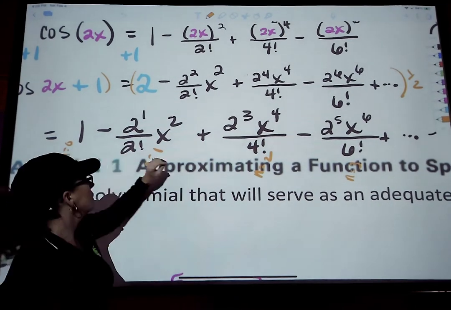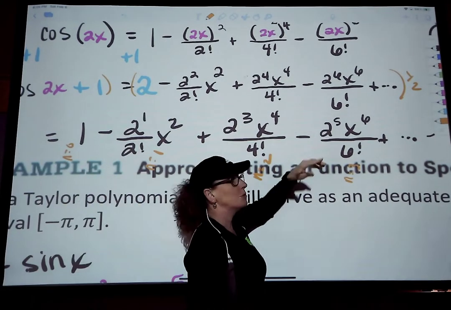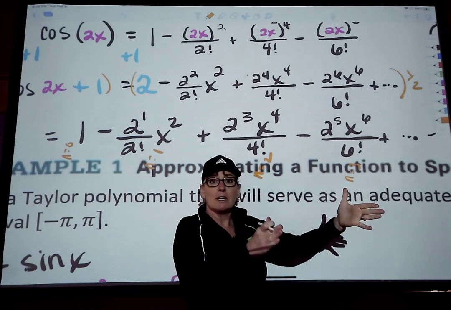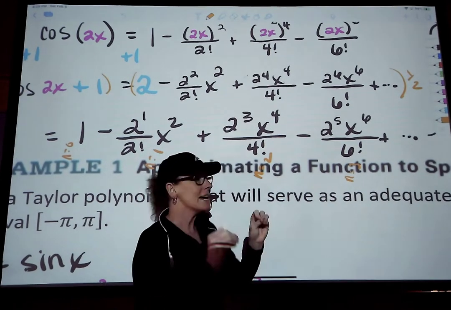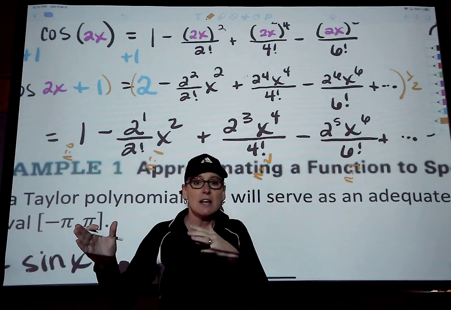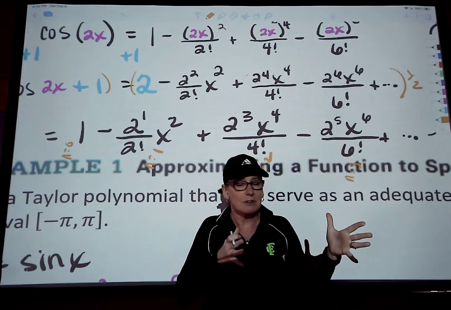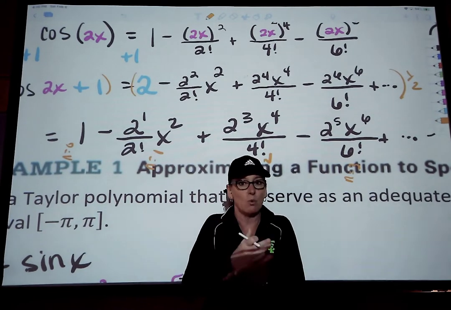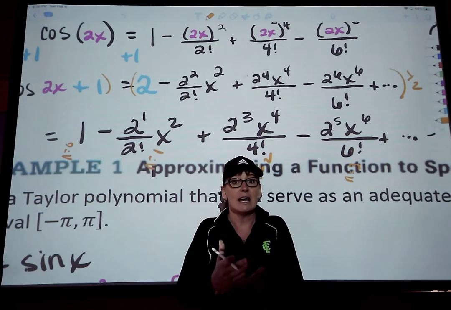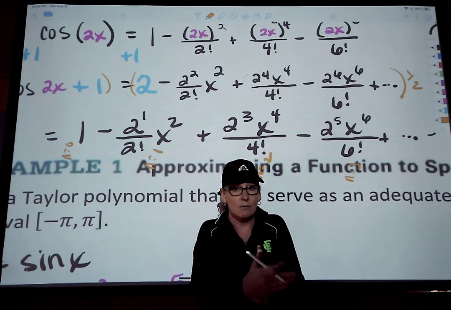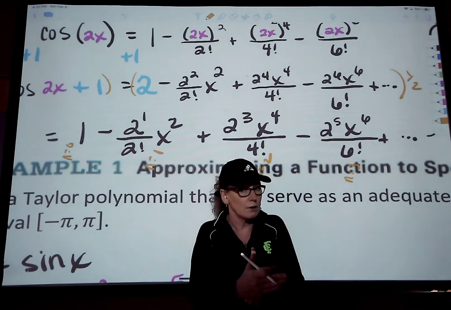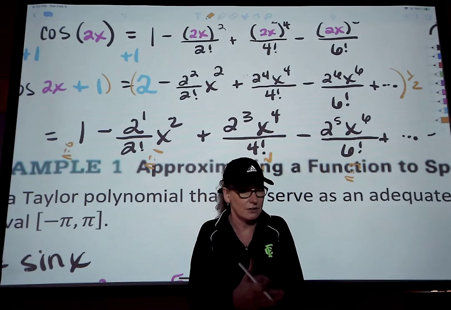And also notice your exponents on your 2 increase by an increment of 2. So my exponents, 1, 3, 5, it's a linear relationship. The 1 and then the 3 and then the 5, it's like a line with a slope of 2. You just have to figure out where it starts.